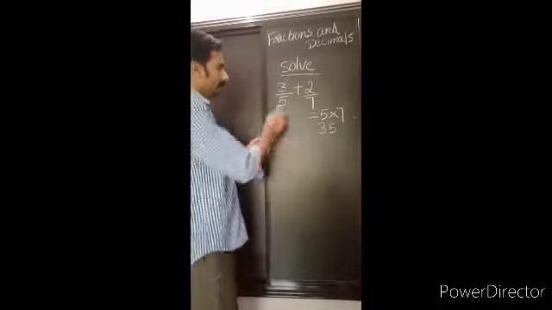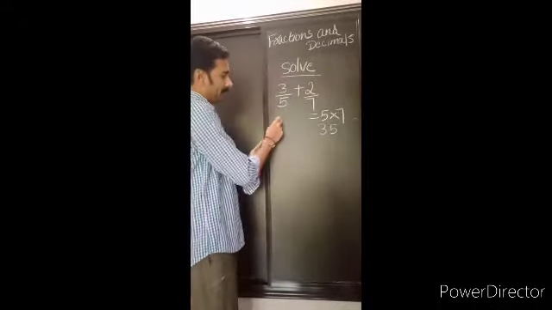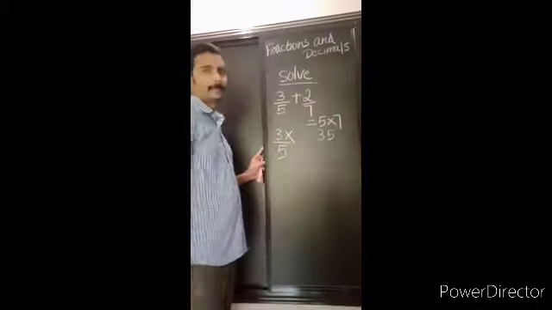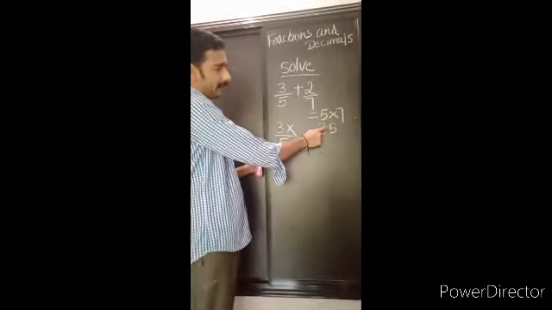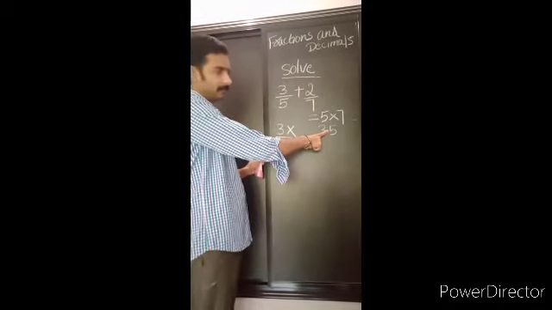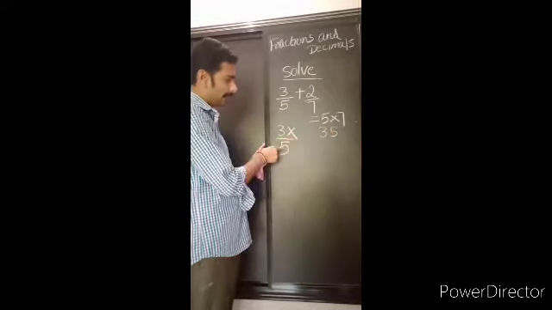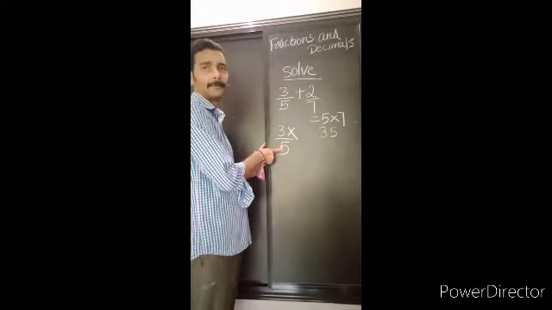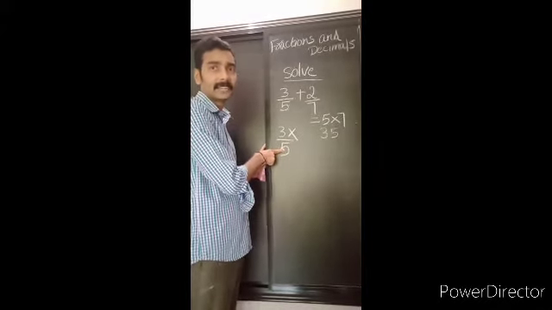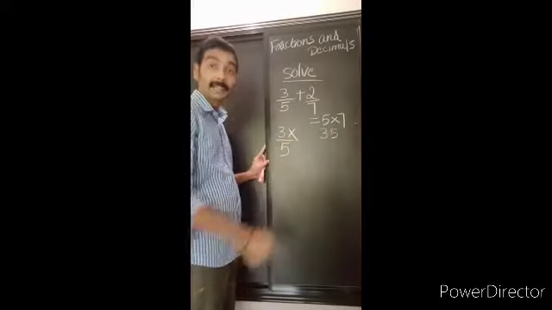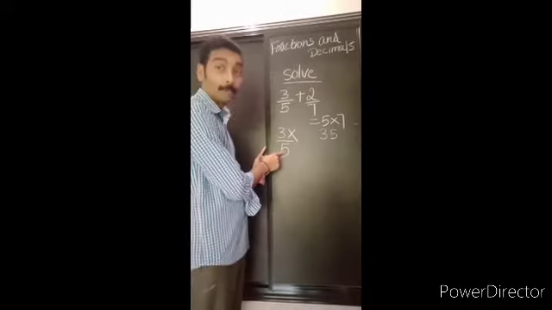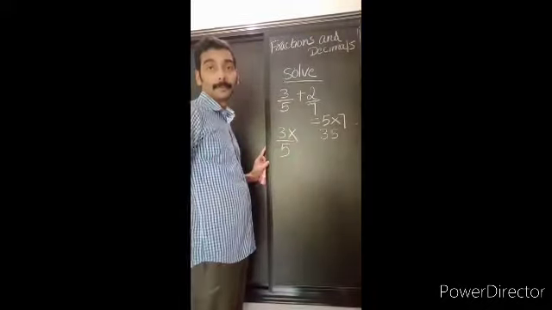Then this question is 3 by 5. We get the LCM, that is 35. 35 divided by 5, what is the answer? That is 7. 7 into 5, 35.